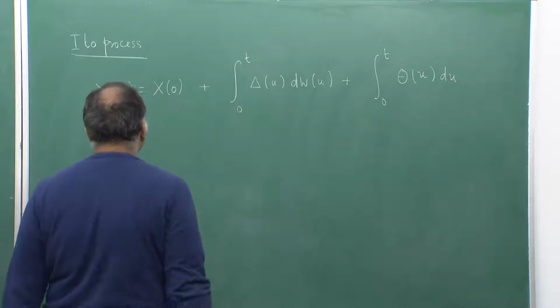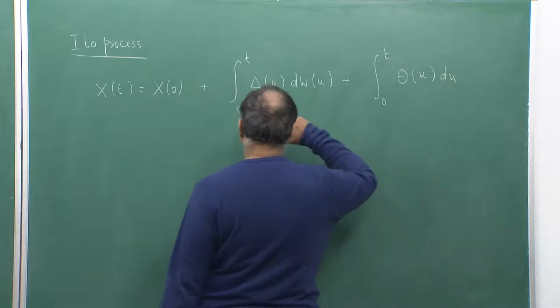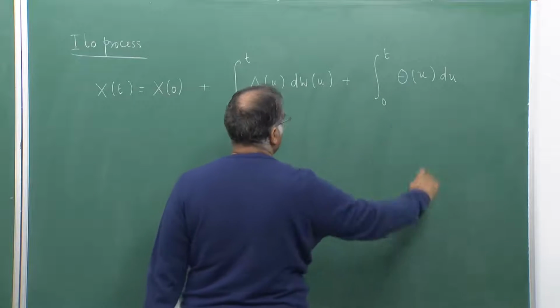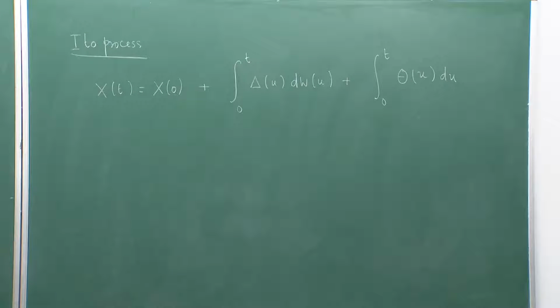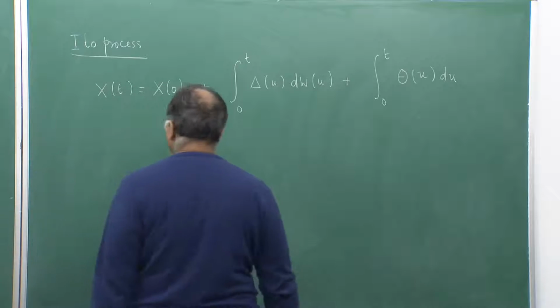This will be a number plus a random variable. So, basically it represents a stochastic process.